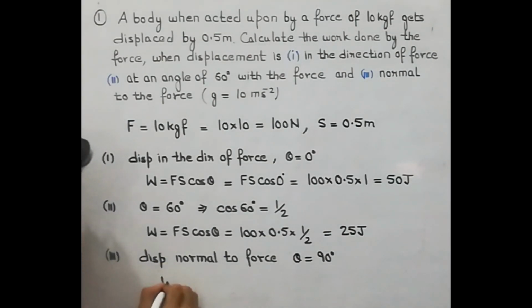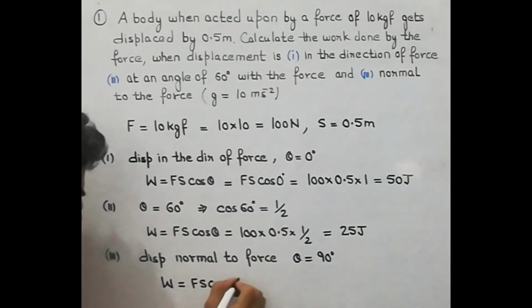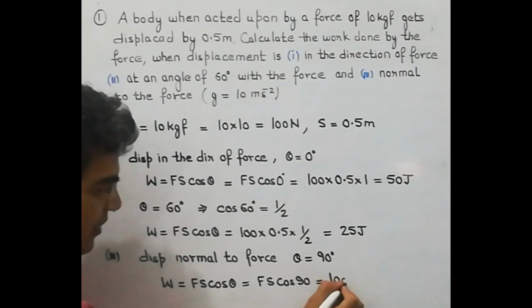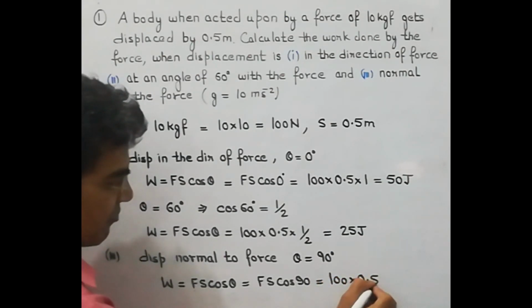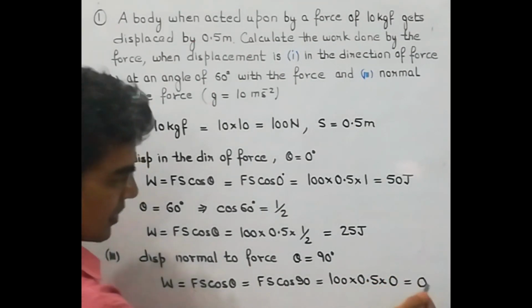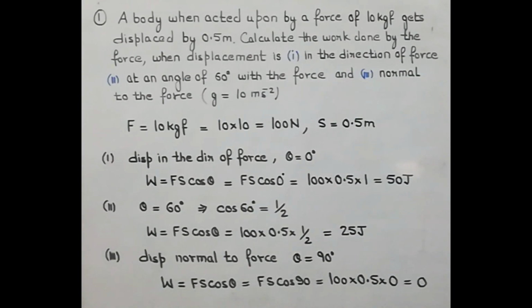So here when we calculate work done, F is 100, S is 0.5, but cos 90 is 0. So the work done will be 0. So in the third case, work done is 0 because they have given that displacement is normal to force. So when you calculate it, cos 90 is 0, so the work done will be 0. So you can pause and note down this numerical.